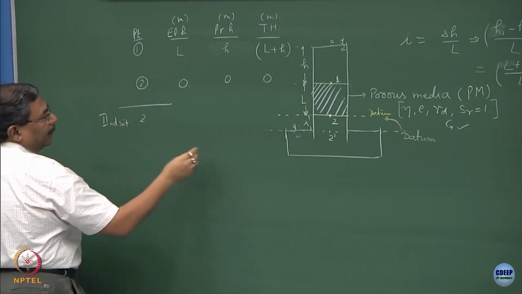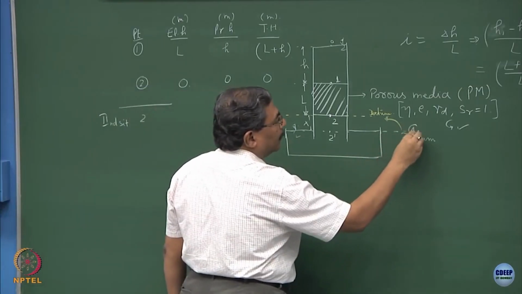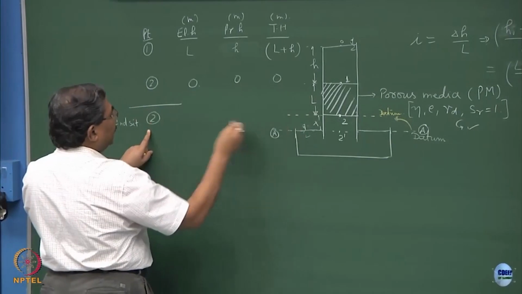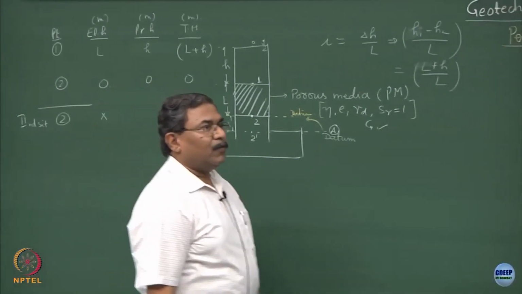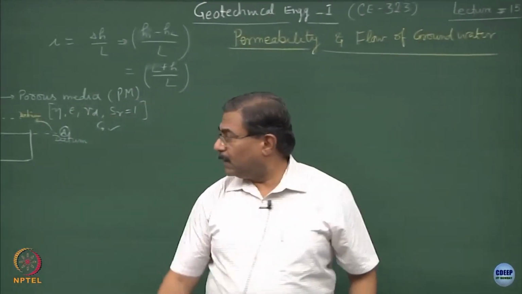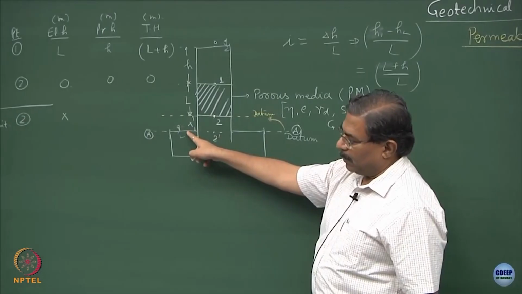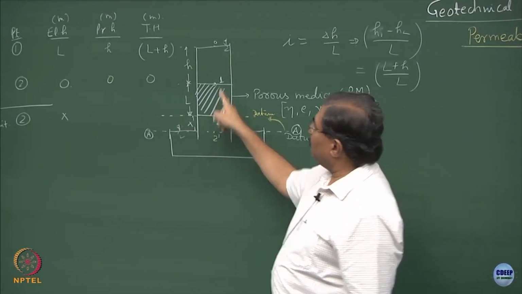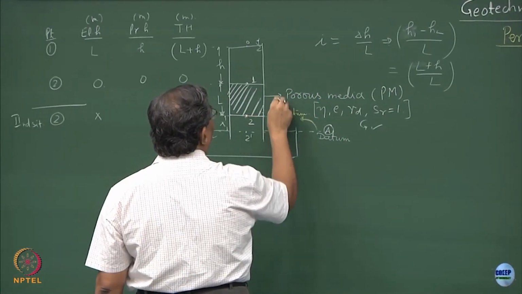The elevation head at point number 2, so this is the second situation, when the datum is at, let us say, AA, at point number 2, the elevation head is X. Now, what you have to understand is that this is directly exposed to the atmosphere because of its connection with the free water table. So, if you put a piezometer over here, it is not going to get raised up to this point.